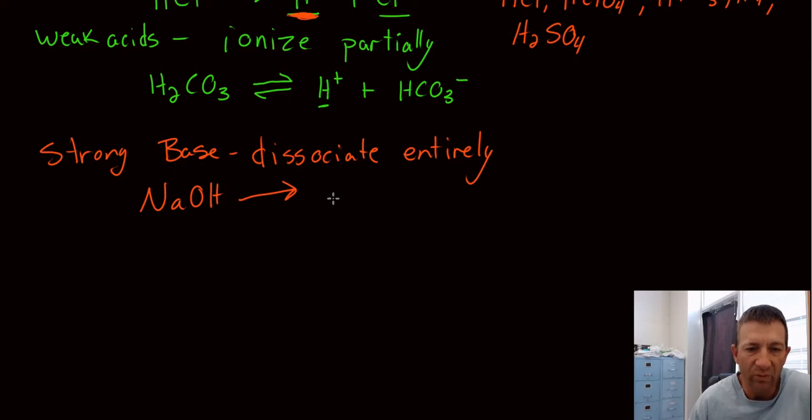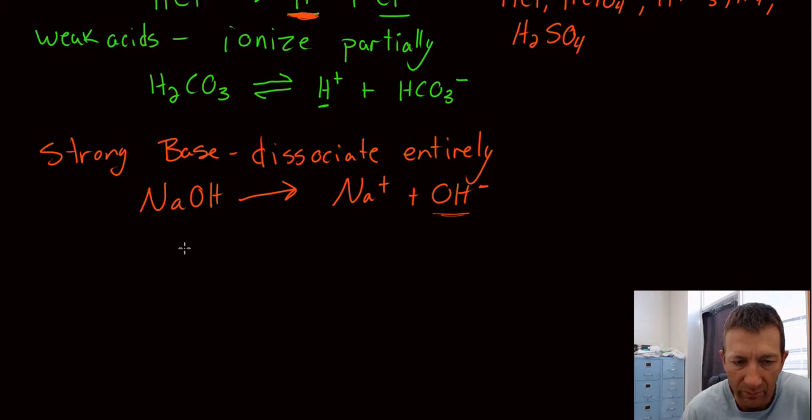Sodium hydroxide splits apart into a sodium ion and a hydroxide ion, and they stay apart. That hydroxide doesn't go back and forth, and that's what we call a strong base.